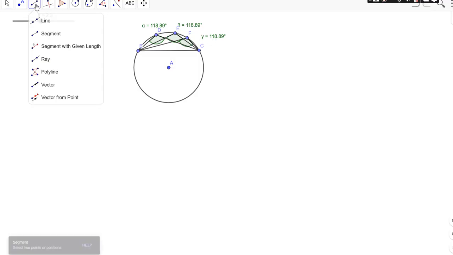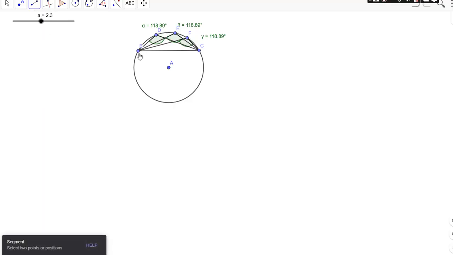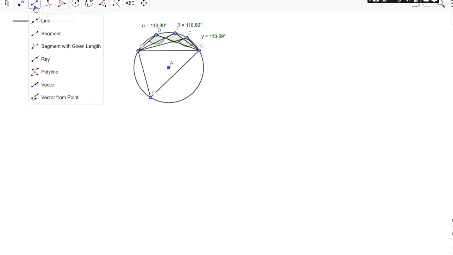Let's understand the angles formed in major segment. Now draw one angle in the major segment, say angle BGC. Draw one more angle.